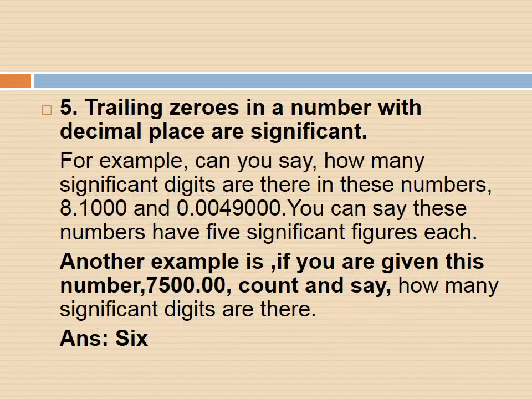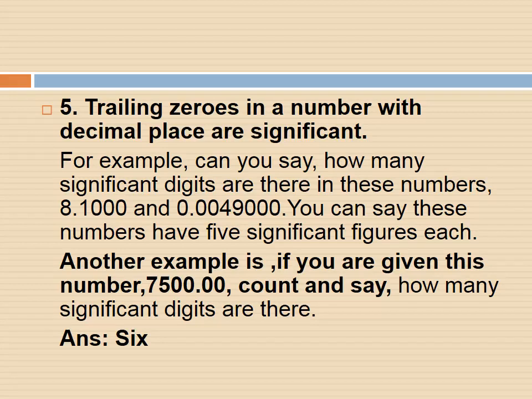And fifth rule is trailing zeros in a number with a decimal place are significant. For example, can you say how many significant digits are there in these numbers? The numbers are 8.1000 and 0.004900.